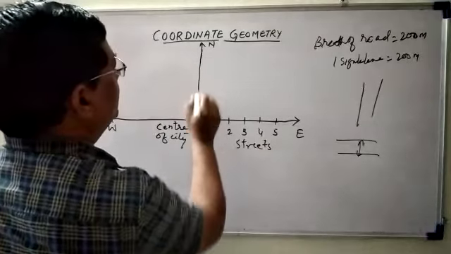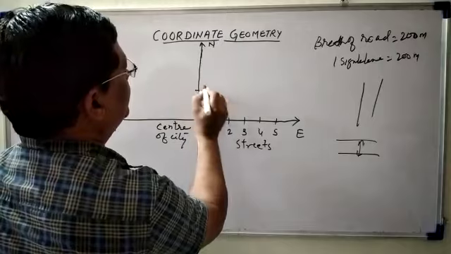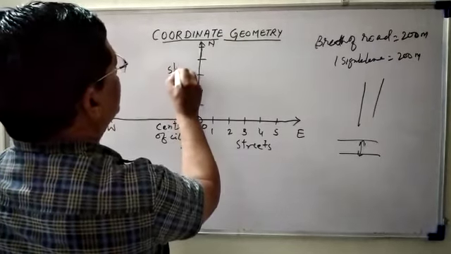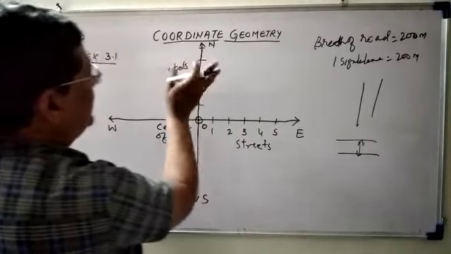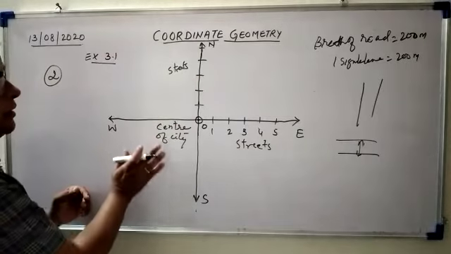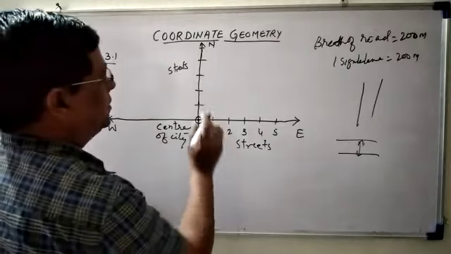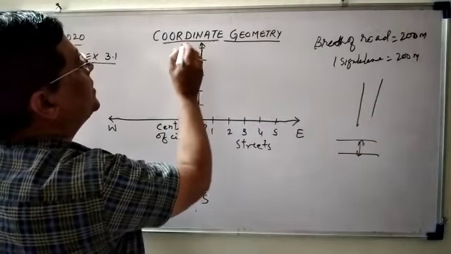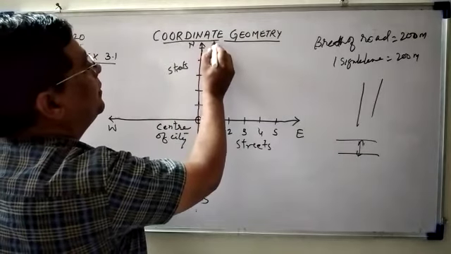And this side also 1, 2, 3, 4, 5. These are also streets. Likewise, we can draw in this quadrant, and this quadrant, and this quadrant. So we have a complete street plan. You join it.